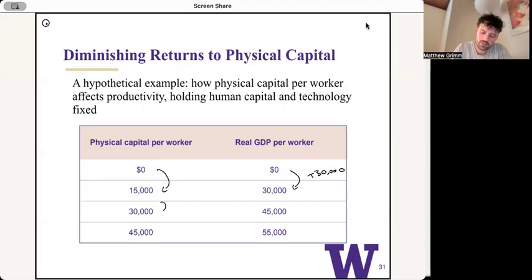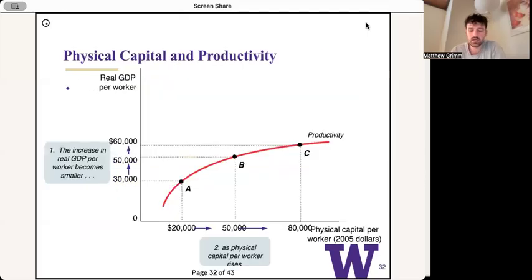Now we're going to increase it another 15K, and this only increases the real GDP per worker by 15,000. And if we increase the physical capital again by 15K, that only increases our real GDP per worker by 10,000. Here it is graphed, which is similar to what I drew.